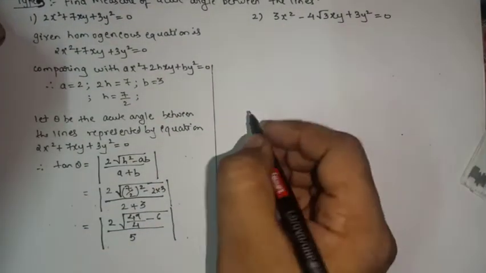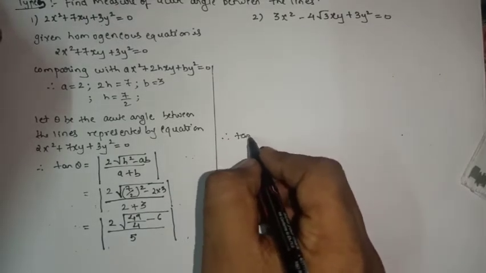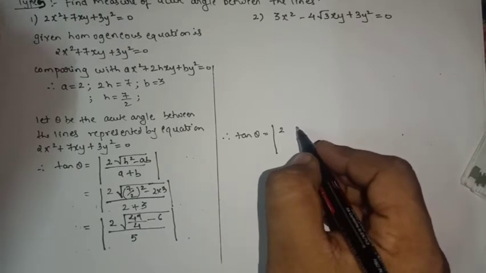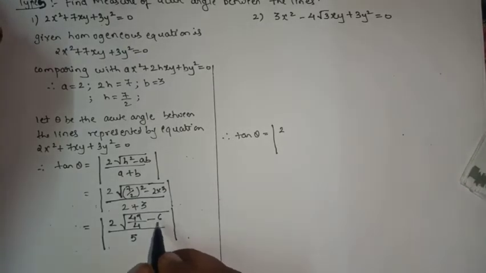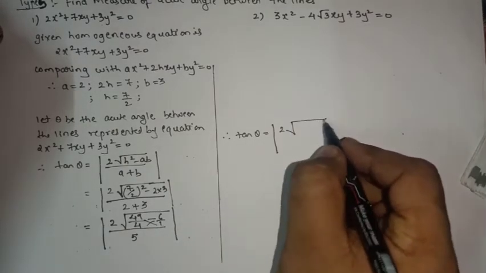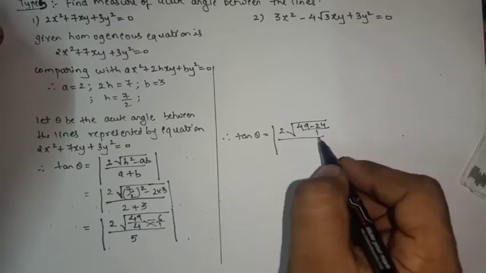So now the next part I will solve here. Tan theta is equal to 2. So here nothing is there, so we can write 1 cross. So here you will get what? 49 minus 24 upon 1.